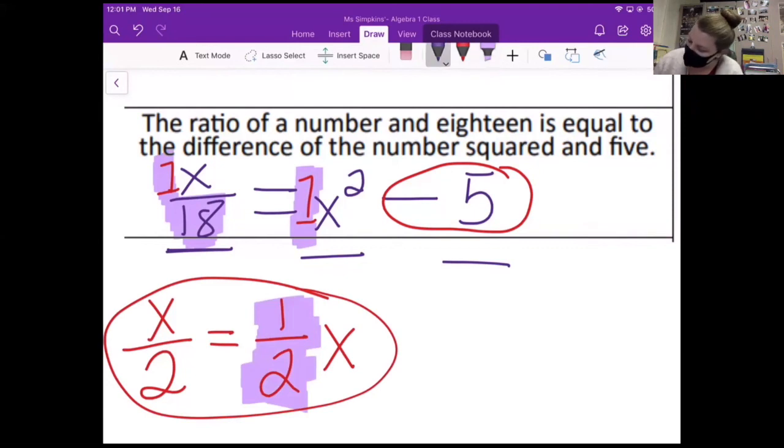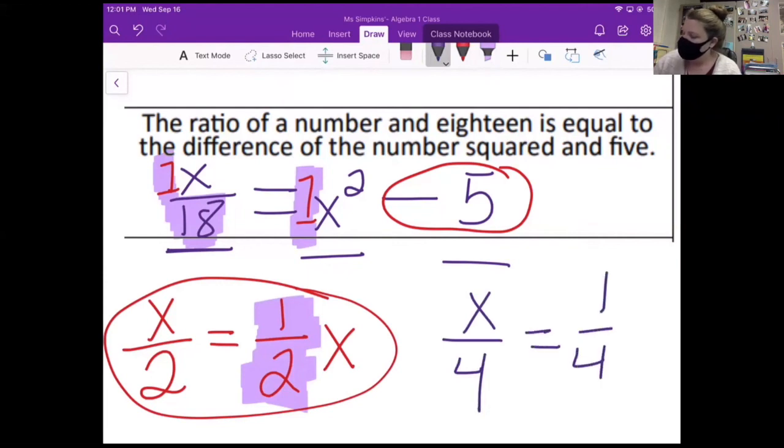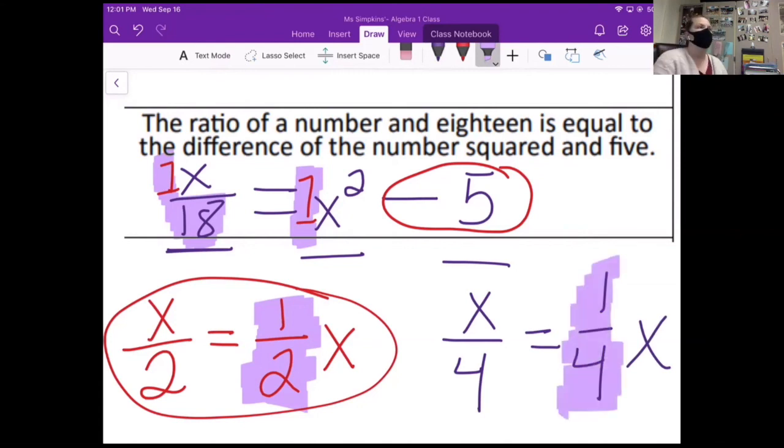Same thing as if we have x divided by 4, that is the same thing as 1/4 times x, which again, if we're highlighting a coefficient, that entire fraction would be considered. So if we're dividing x by 18, that is the same thing as taking 1/18 of x.